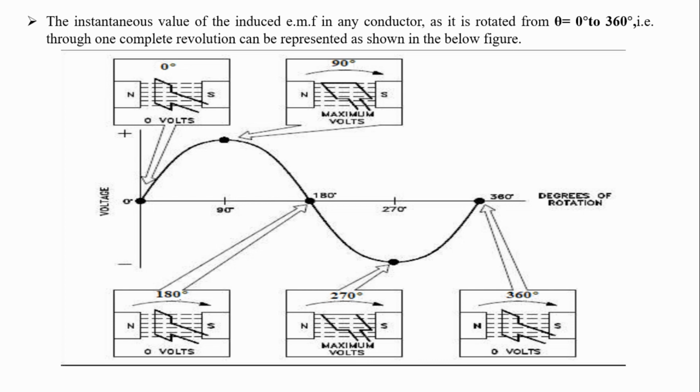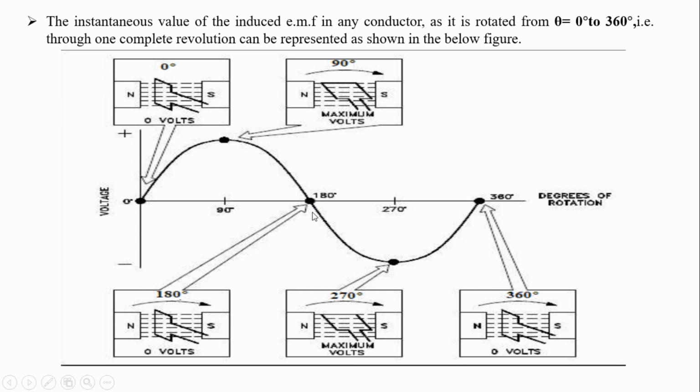As we already discussed, the EMF is 0. Now the coil is rotating in anticlockwise direction. When theta is equal to 90 degree, we will get maximum value of induced EMF. If we rotate further, then at theta is equal to 180 degree, again the EMF will be 0.